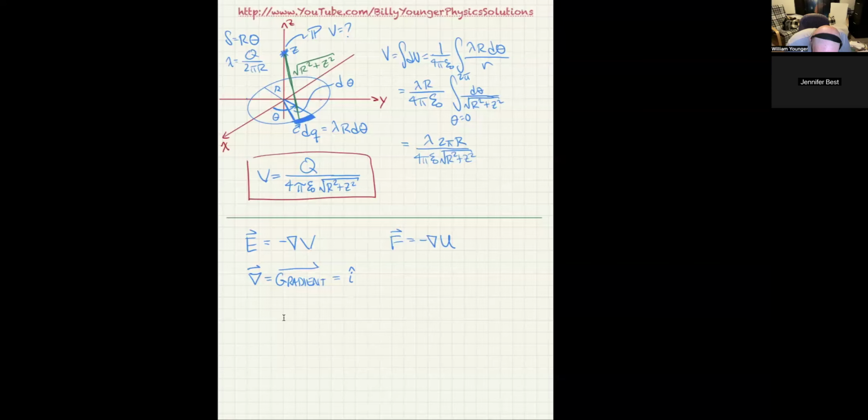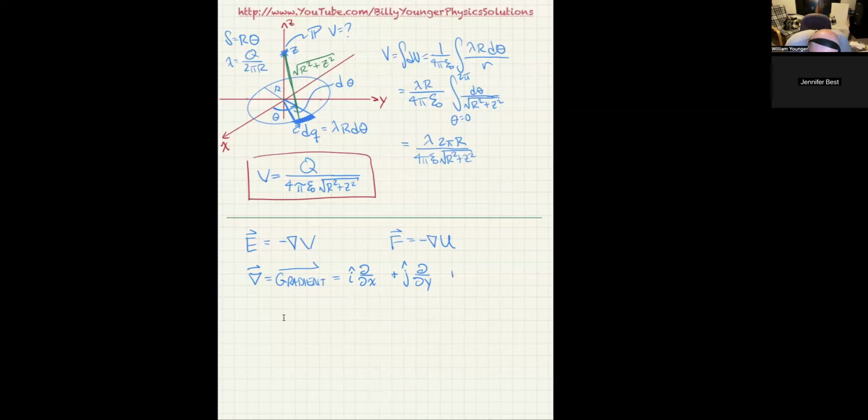So you write i hat, and then you say the partial derivative with respect to x, and then you leave a space for whatever that gradient is put to the left of. So I leave a space, and then I say j hat, and we take the partial with respect to y. Again, we leave a space because the gradient is meant to be written to the left of something because it's operating to its right.